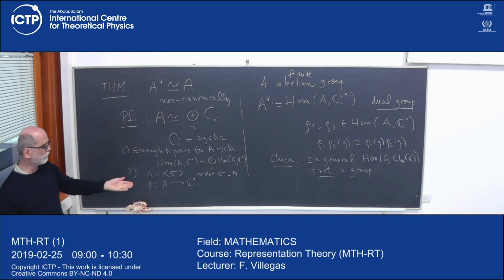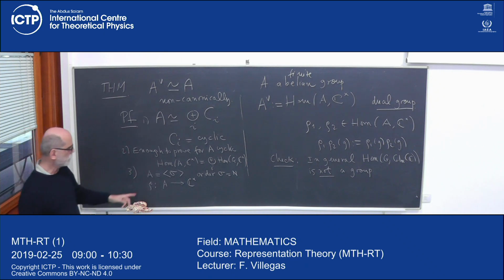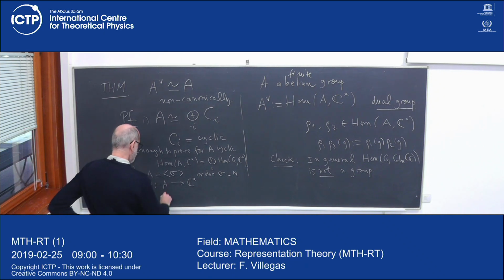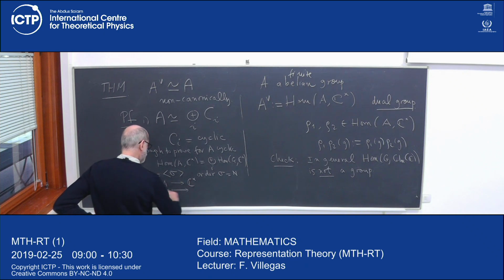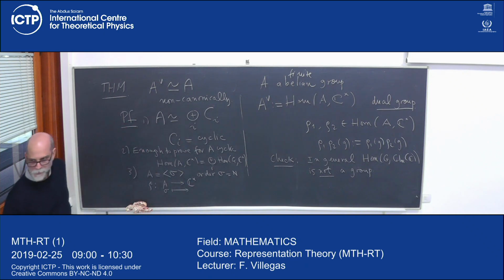A homomorphism will tell you where sigma squared, sigma cubed, and so on go, and those are all the elements of A. Sigma has to go to something that satisfies the relation that sigma satisfies, which is that its nth power is 1.